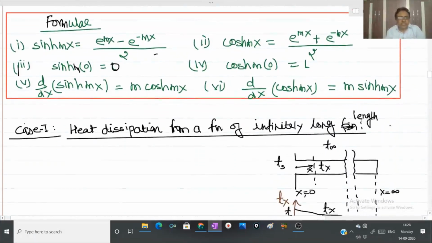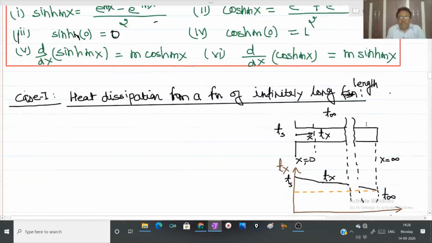So let us discuss case 1. It is heat dissipation from a fin of infinitely long length. So let us consider a fin attached to the base surface at temperature Ts of infinitely long length.